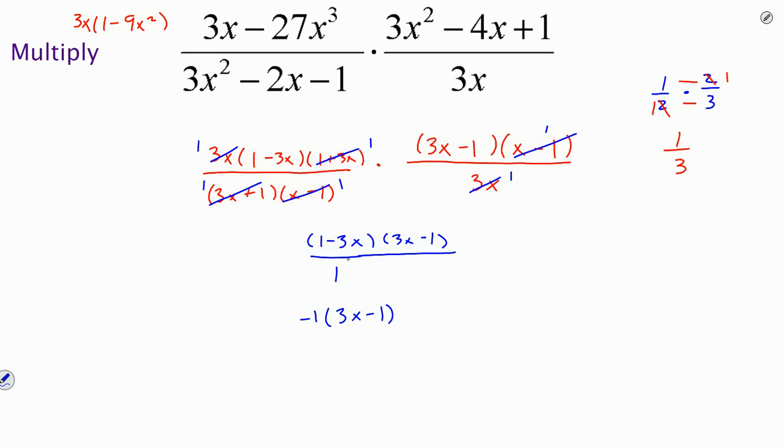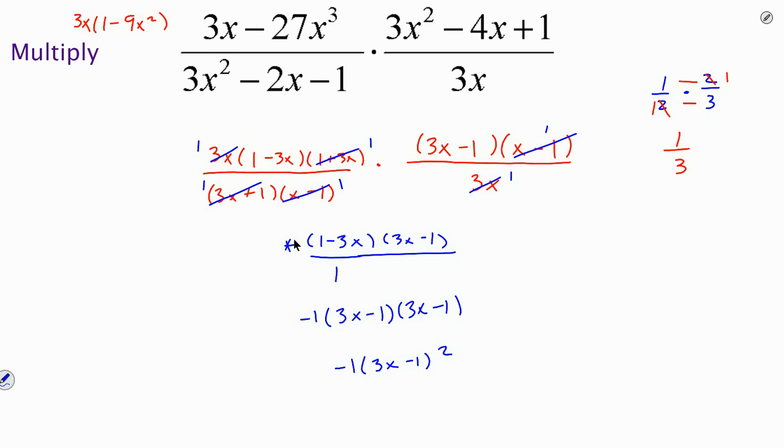Both of these signs flip. This becomes a minus 1, this becomes a plus 3x, and it becomes the same as the other factor I have here. So I can rewrite this as negative 1 times 3x minus 1 squared. If you want to get real fancy, you could write it like this, or you can leave it like the version I have up here.